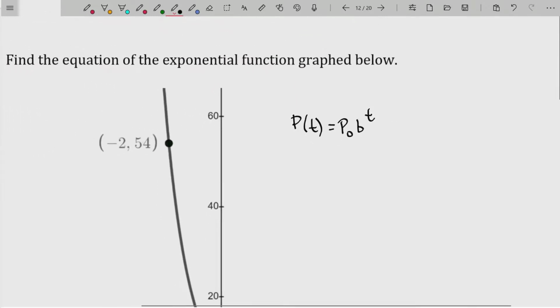And so when you're handed a point that satisfies any function, then you can let the output be the y value and the input be the input value, which is a t value in this case. Now, there are several methods for solving this style of problem. But let me tell you, I have a very special method that I prefer, so I'm going to teach that method.